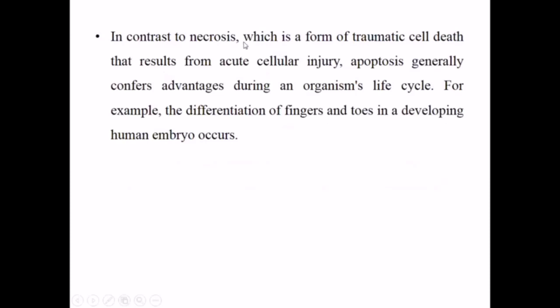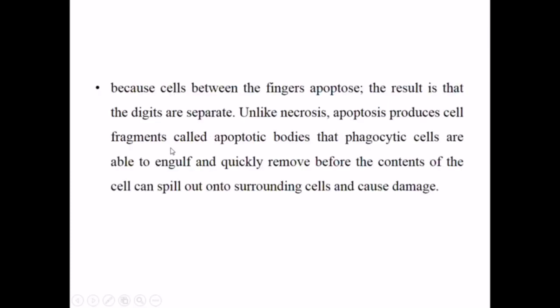In contrast to necrosis, which is a form of traumatic cell death that results from acute cellular injury, apoptosis generally confers advantage during the organism's life cycle. For example, differentiation of fingers and toes in a developing human embryo, because the cells between the fingers undergo apoptosis, and the result is that the digits are separate.